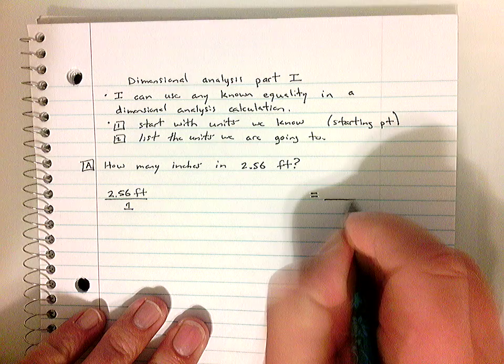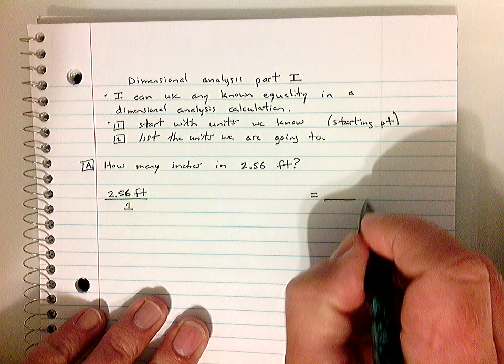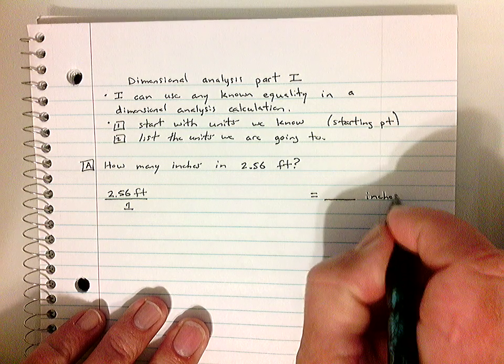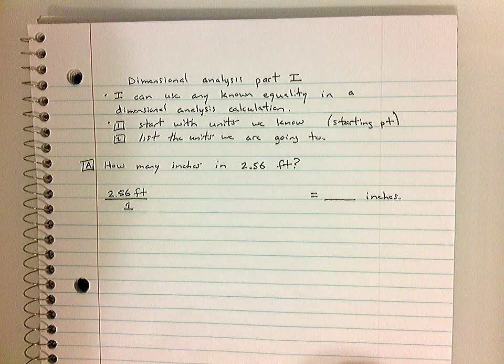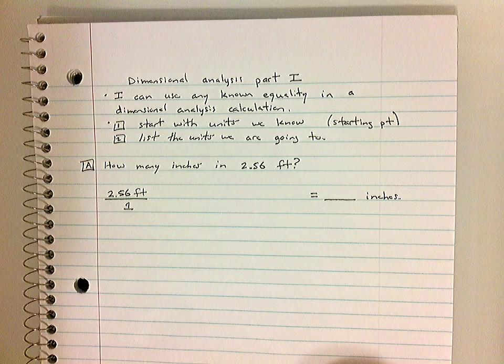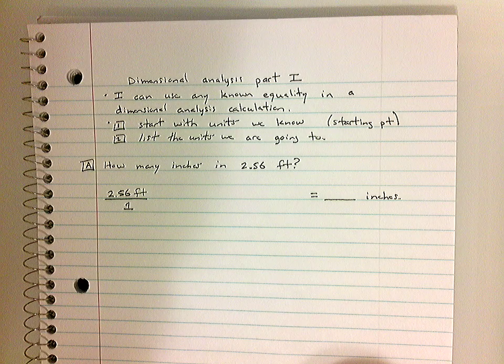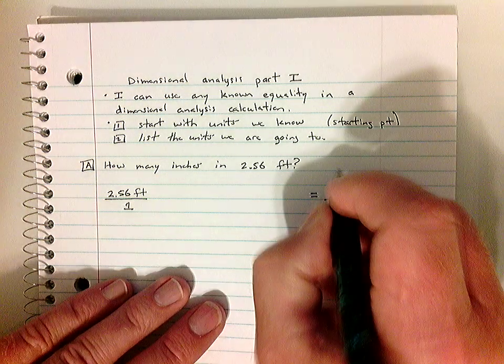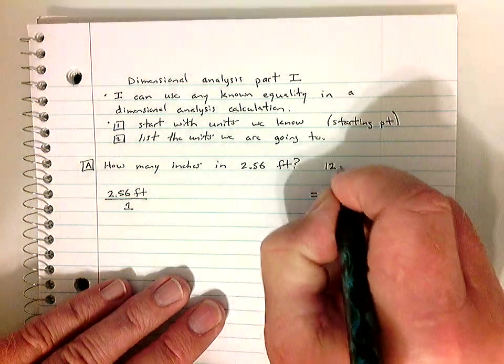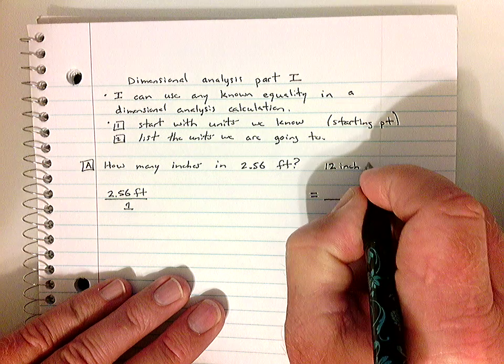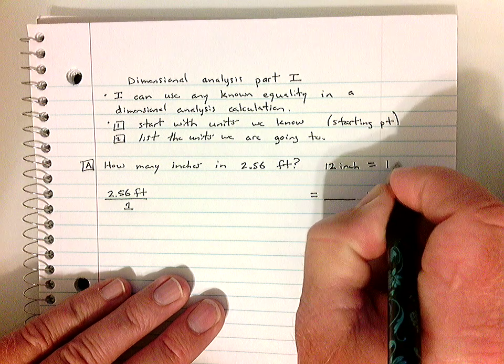Way out here, we're trying to get to units of inches. We know the equality that we're going to use in this problem: there are 12 inches in 1 foot.